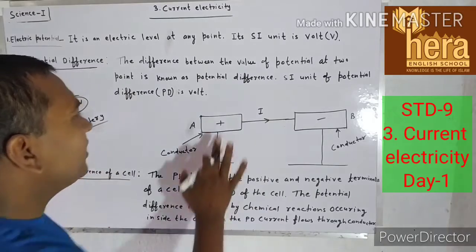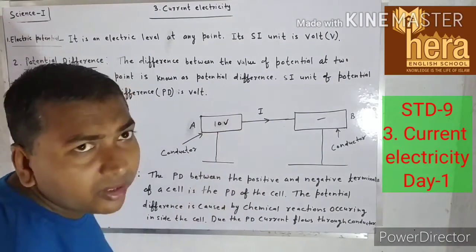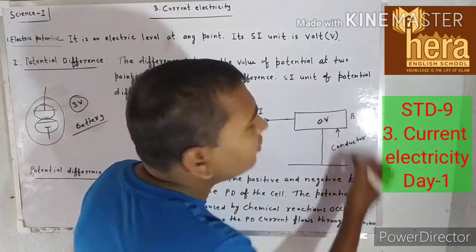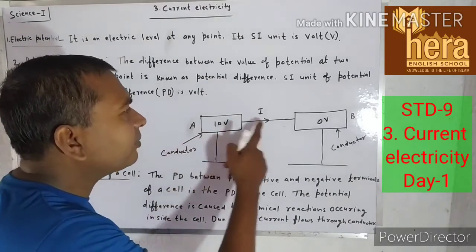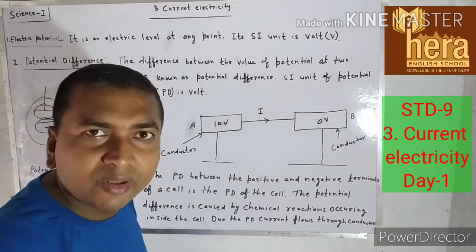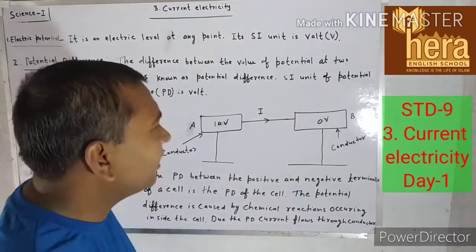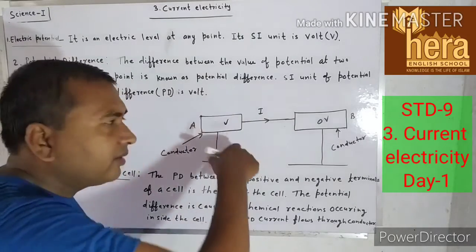For example, say this is 10 volt, say this is 0 volt. Here is a potential difference of 10 volt minus 0 volt, that is 10 volt. This is at high potential, this is at low potential. Current will flow, and the difference will decrease.